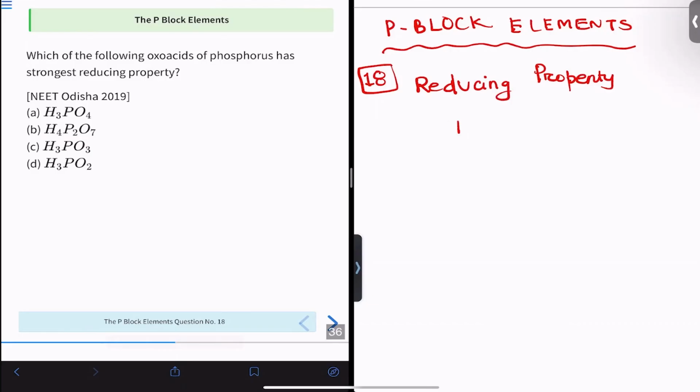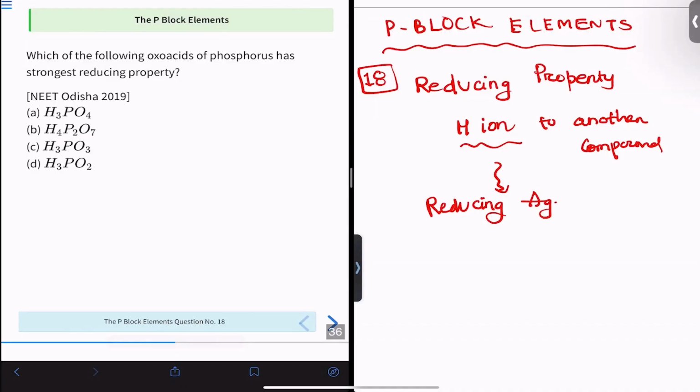The element which can give a hydrogen ion to another compound is known as a reducing agent.